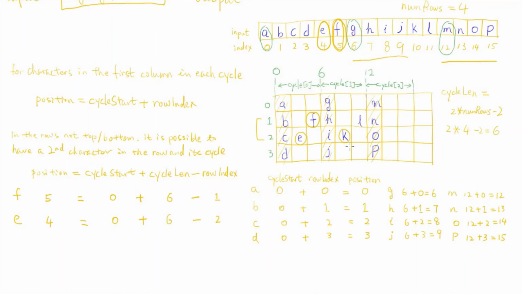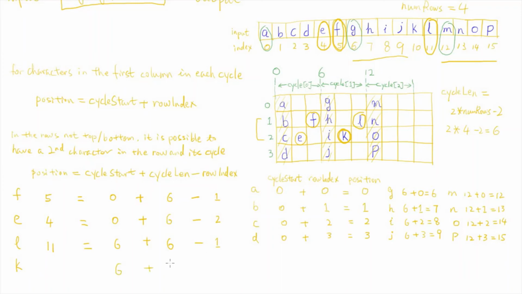Now let's look at character L in the cycle that starts with 6. The cycle start for L is 6. The cycle length is 6. And the row index is 1. 6 plus 6 minus 1 equals 11. Now let's look at K. The cycle starts with 6.